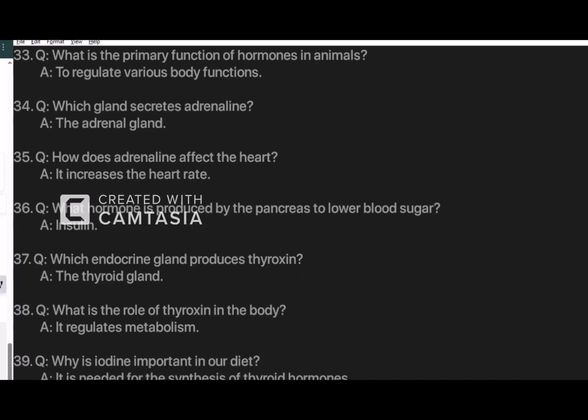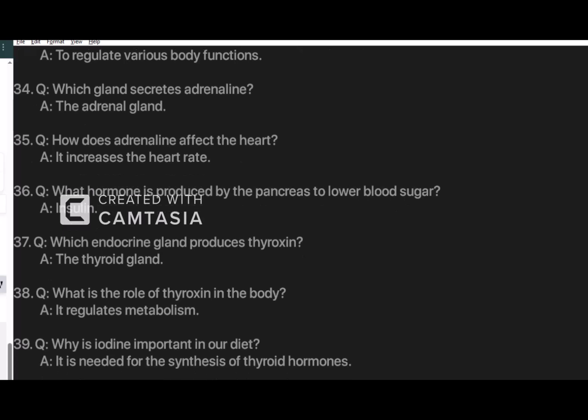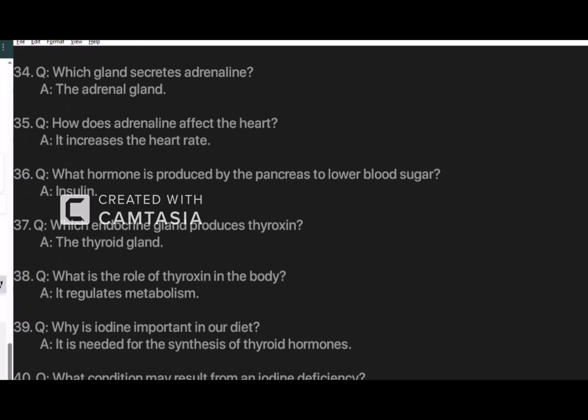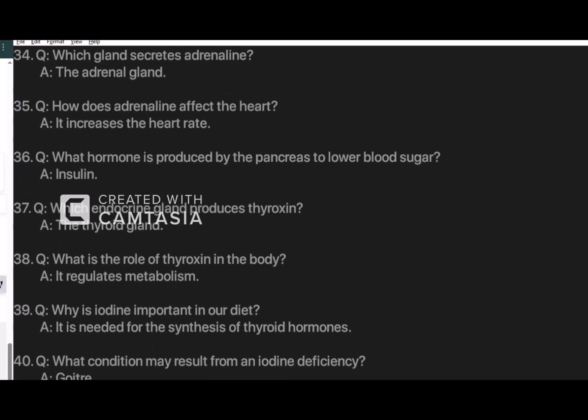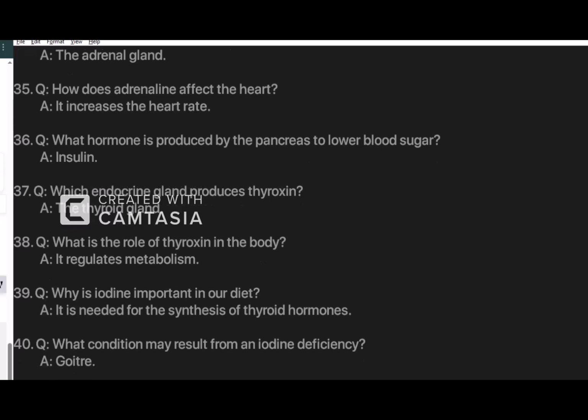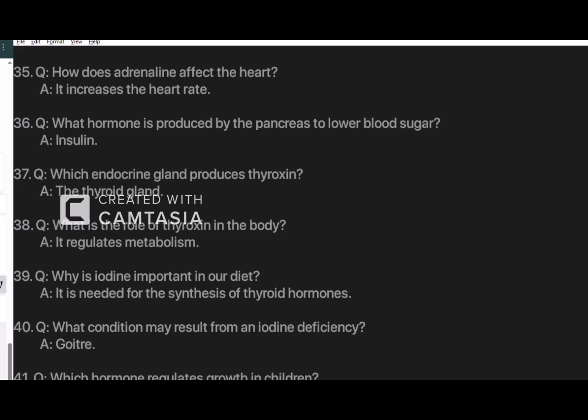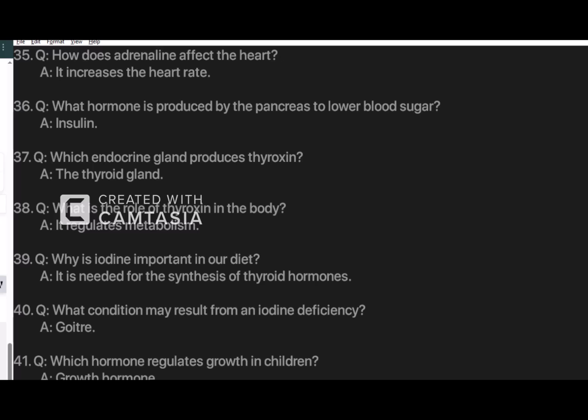40. Q. What condition may result from an iodine deficiency? A. Goitre. 41. Q. Which hormone regulates growth in children? A. Growth hormone. 42. Q. What is the function of the pituitary gland?